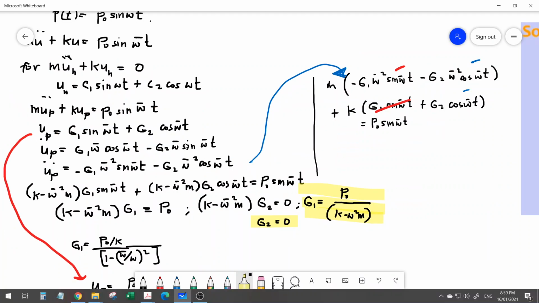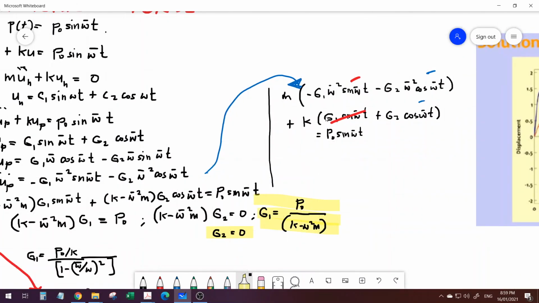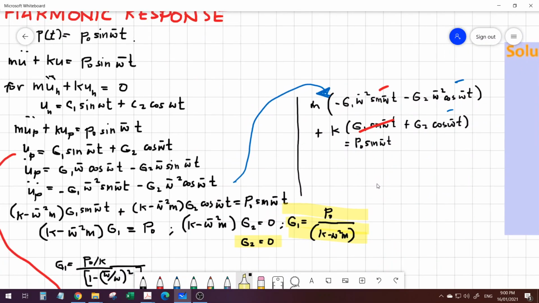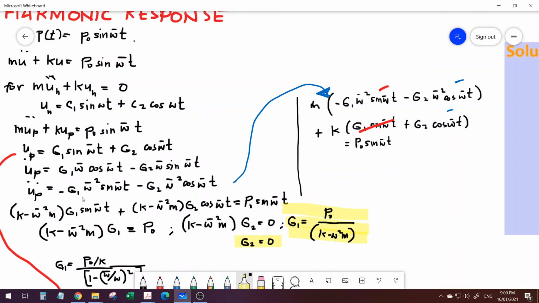You can have this. Okay. And find the common factor. So, in-extract ko na siya. So, G1 omega bar square sine omega bar t, and then G2 omega bar square cosine omega bar t.